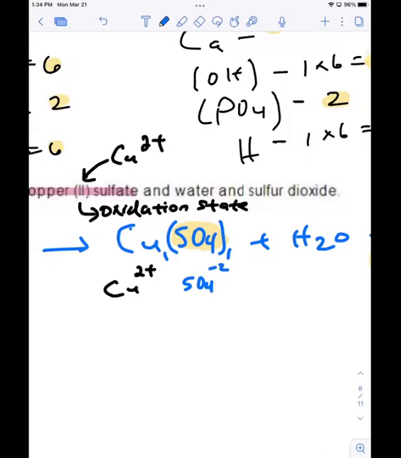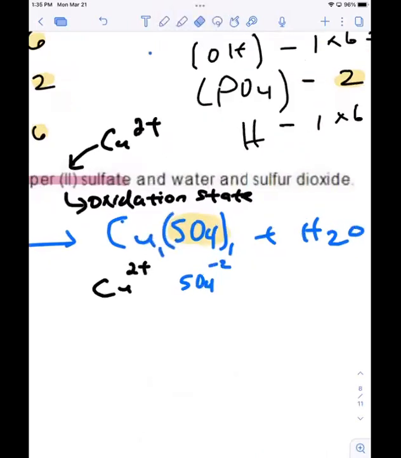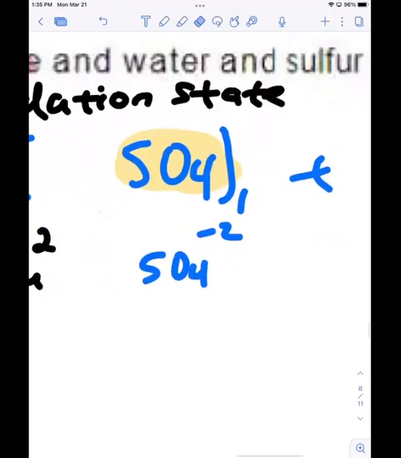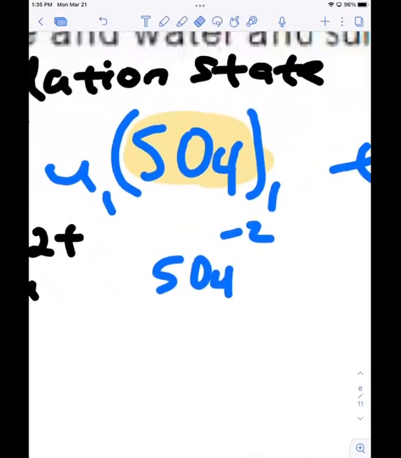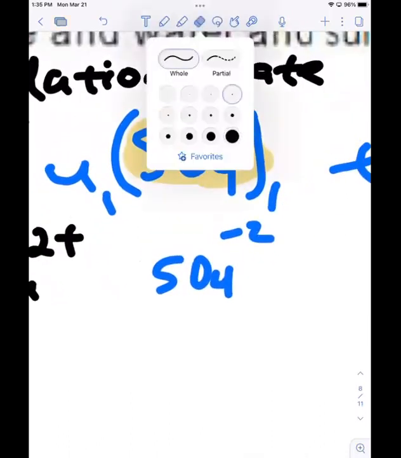Even if you're studying another topic, you can still take 5 or 10 minutes and look over that list of polyatomics that I gave you. You will never not see polyatomics from this point forward in this class.